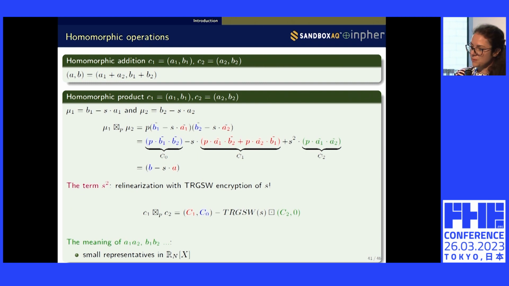And to remove the term S squared, we will use the TRGSW encryption of S, and my internal product of two ciphertexts will be expressed by this formula. Of course, as I said before, we should give a meaning to the terms A1 times A2, B1, B2. In this case, we will take them as small representatives in R[X].